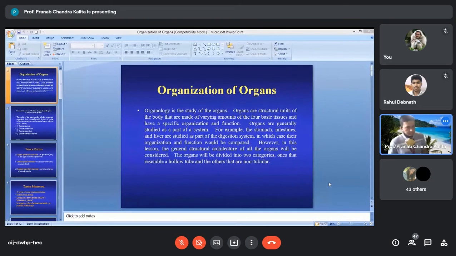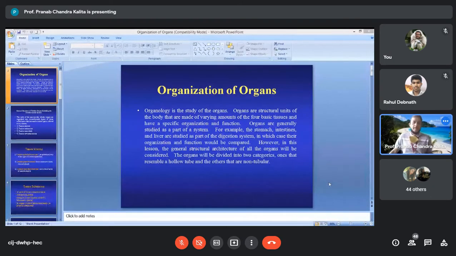So now you have the basic idea of the basic tissues of the body: the epithelium, connective, muscle, and nervous tissues. Detail you will study in the particular chapters.